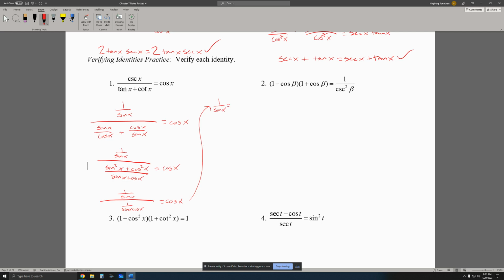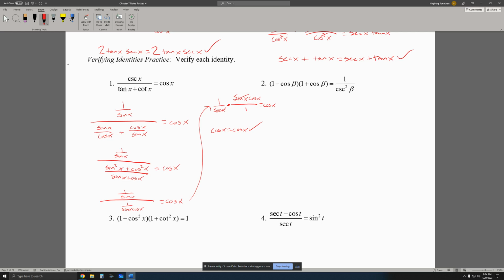So 1 over sine times sine x cosine x over 1. And that should be equal to cosine x. And it is, right? We cancel out factors of sine in both the numerator and denominator. We get cosine x is equal to cosine x. So this has been verified.